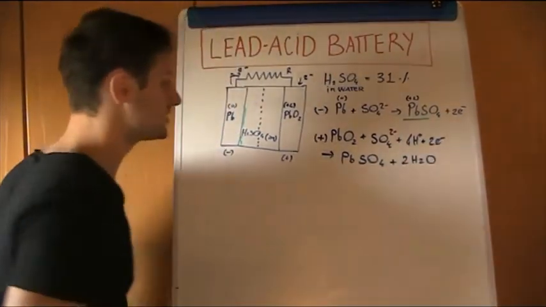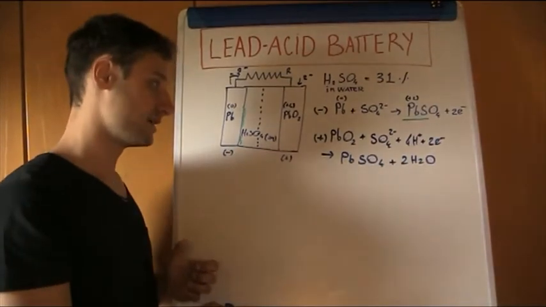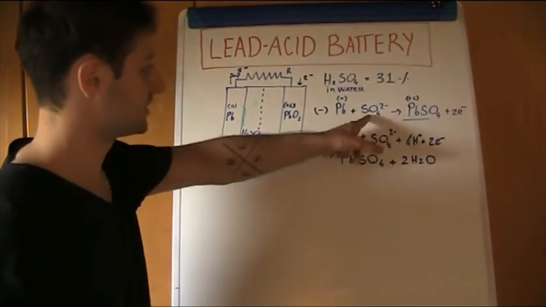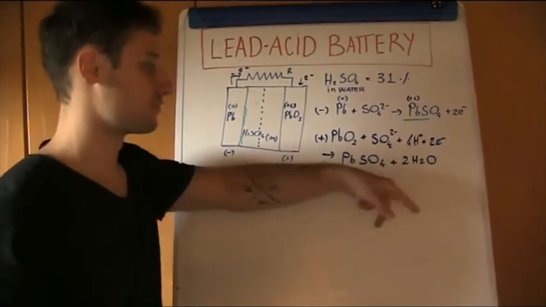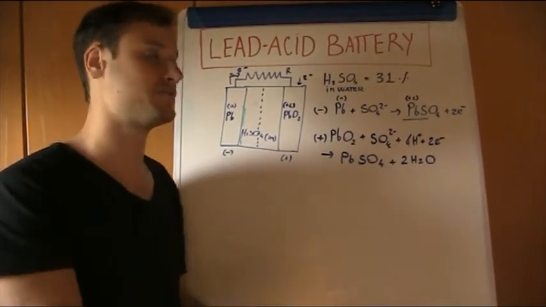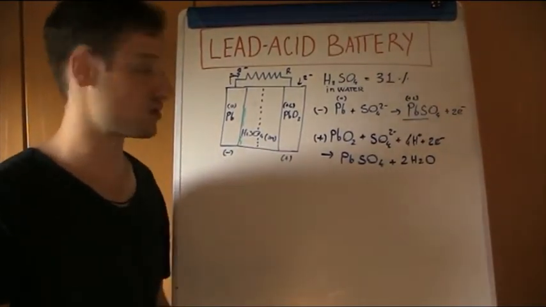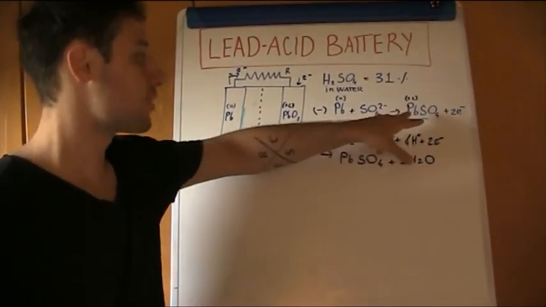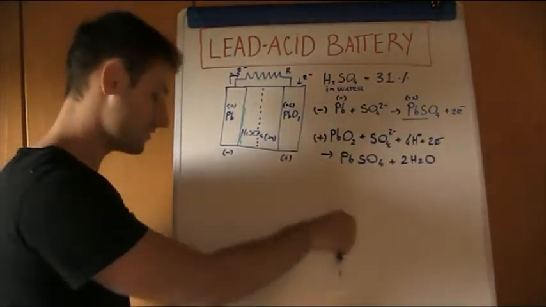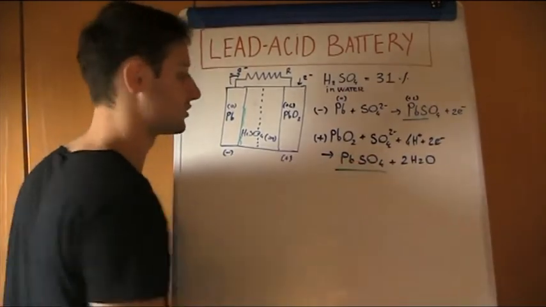So what is interesting is that we are consuming sulfuric acid as the reaction proceeds in order to promote the formation of clean water. So the water content increases with respect to the sulfuric acid content, which decreases due to the development of the reaction. And also in this case, the product of the reaction is still this poorly soluble salt.